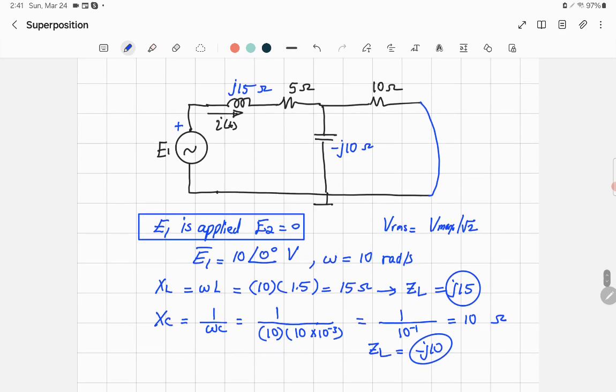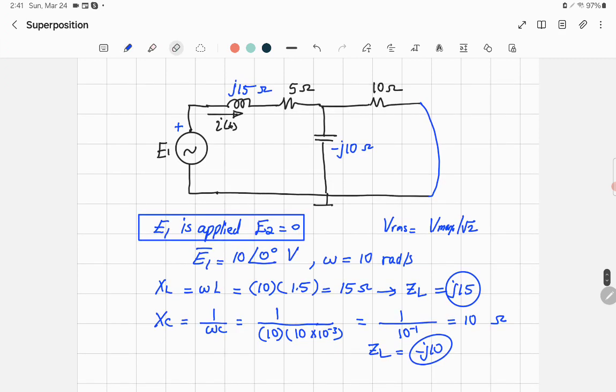That's very simple. First, observe that the resistance 10 ohm is connected in parallel with this one, because they are connected to the same two nodes. This node and this node, the ground. See, if we call this node, for example, node 1, and this is node 0.